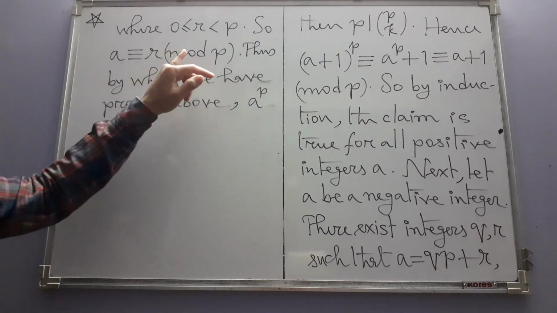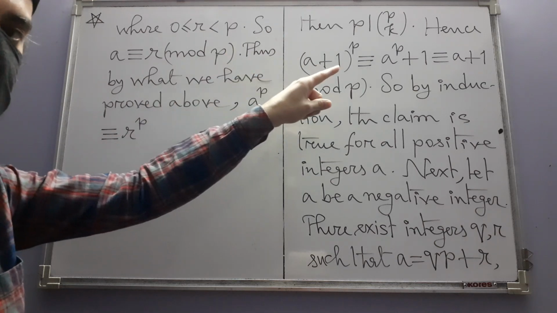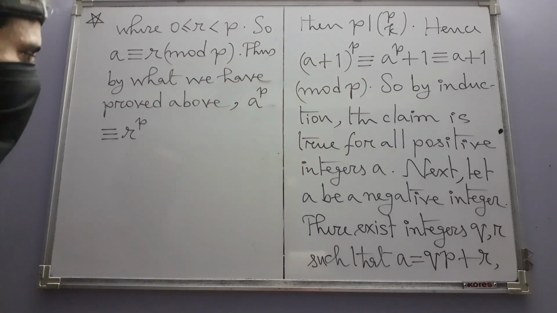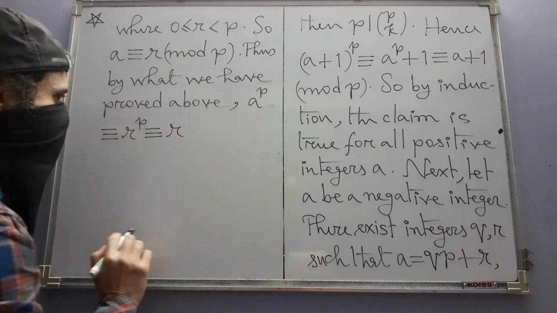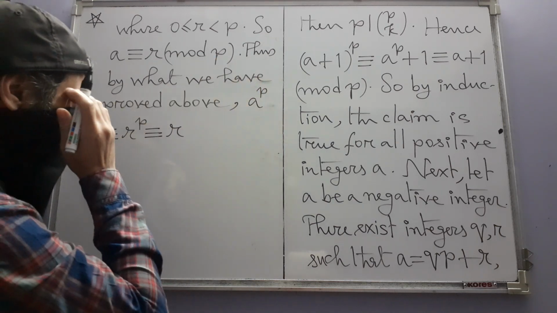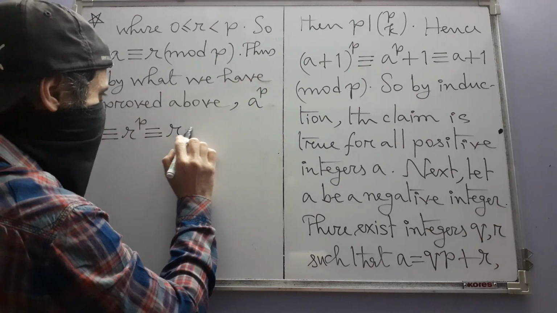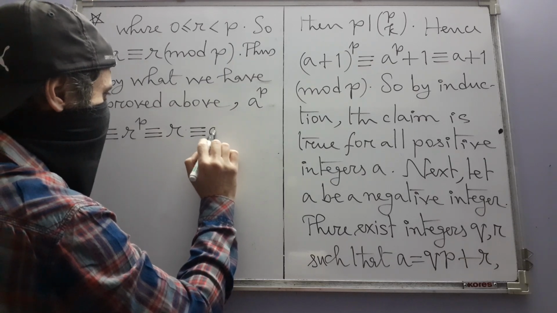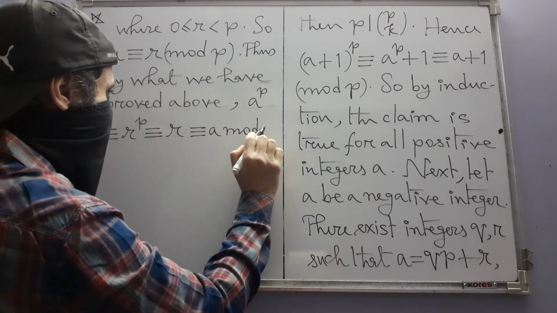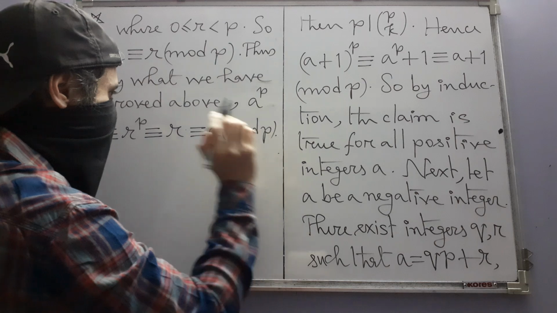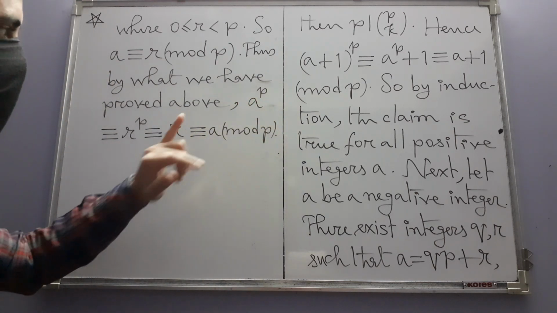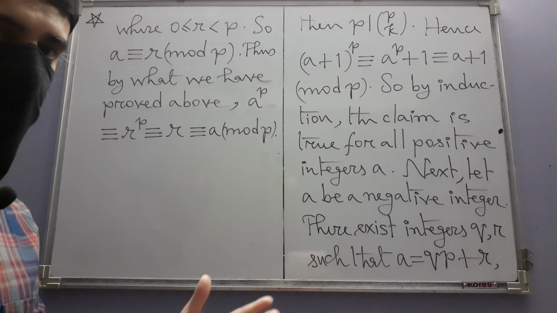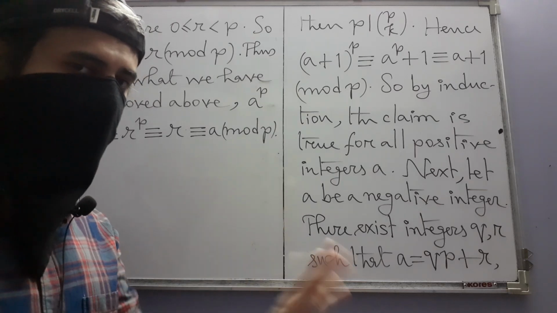But r is non-negative and we have proved the claim for non-negative integers already. So this will be congruent to r modulo p by the above proof. And r of course is again congruent to a mod p. So in this case also, where a is negative, still the pth power of a is congruent to a mod p. Now the claim has been proved entirely.